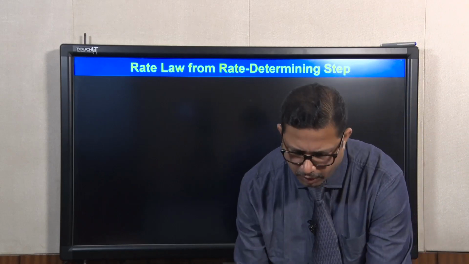Like for the following example, it forms, and we can write the rate minus R1 is K into concentration of NO into concentration of ozone.